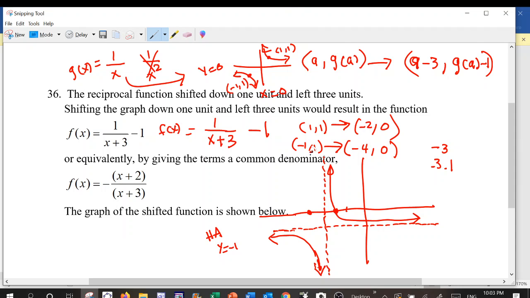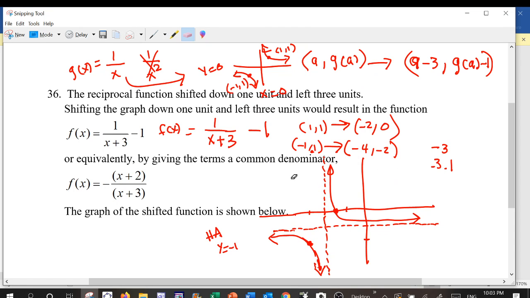I'm seeing my mistake. That's a negative 1, not negative 1, 1. So that negative 1 minus 1 would be negative 2. So this point is in the wrong place. Let me fix that. So it would be negative 4 and negative 2. So negative 2 is about, remember this was negative 1, so it's about right here. All right, there you go.